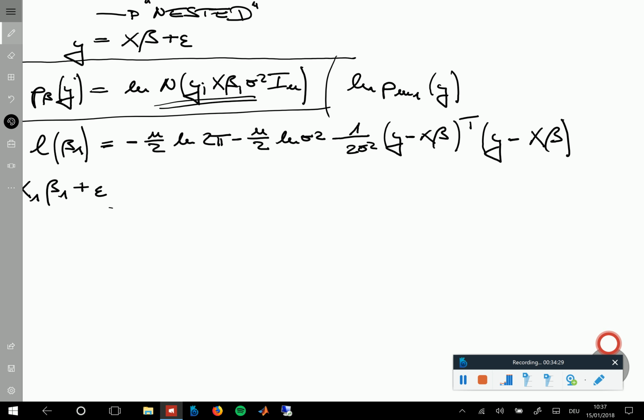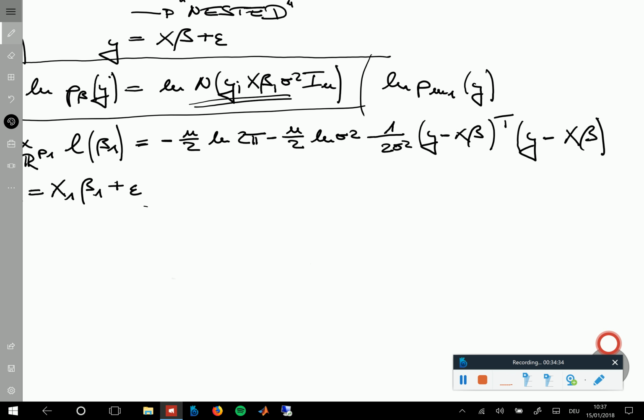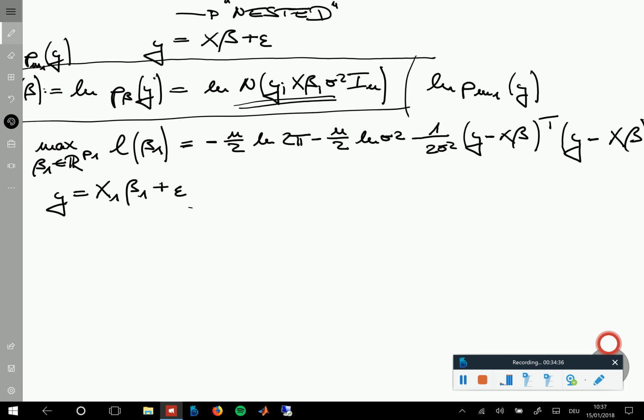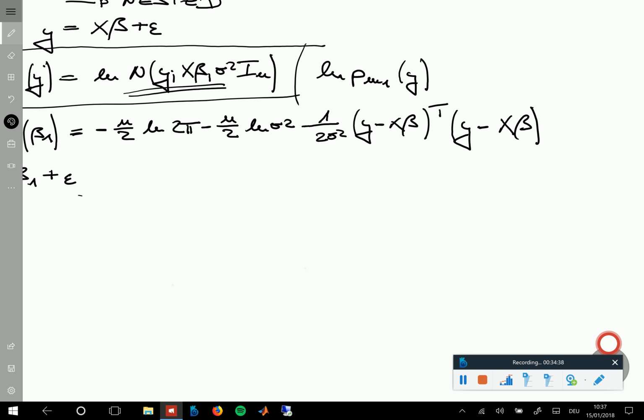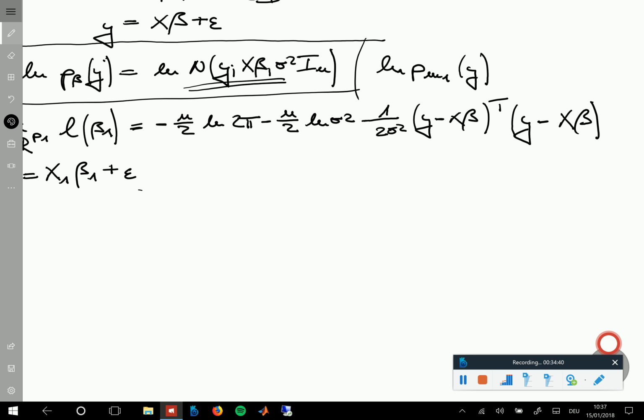And then we actually maximized it. By maximization, we found our beta hat. Maybe we need here a beta 1 because we're in this beta 1 scenario right now. We found our beta hat estimate, which is of course in this case this.